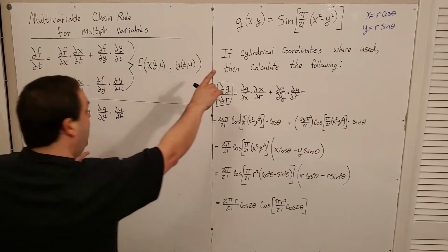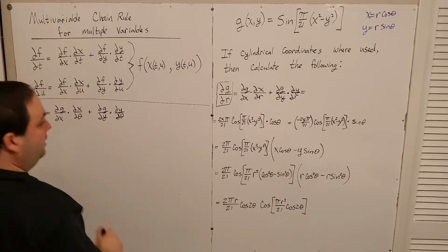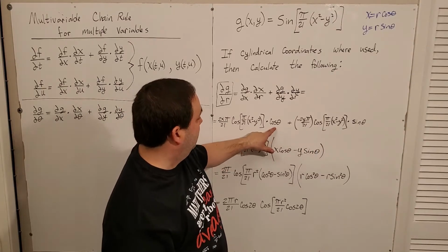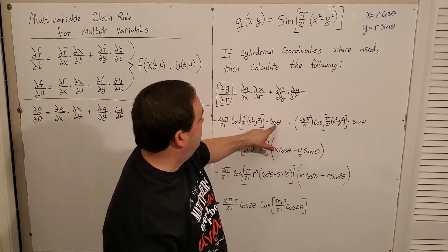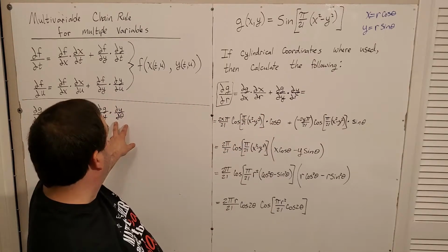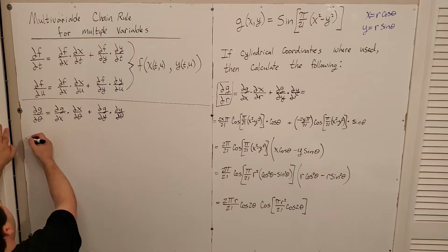So, let's set it up. The partial of g with respect to x and the partial of g with respect to y are going to be those same objects. The only thing that's going to change here is the partial of x with respect to theta and the partial of y with respect to theta.